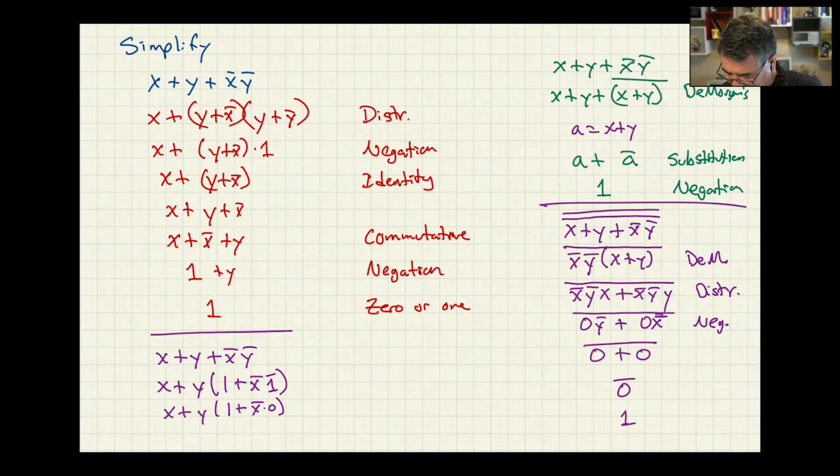So now we've got x plus y times 1 plus 0. And then we have x plus y times 1, right? Is this going to work? I don't know. Maybe this doesn't take me anywhere.